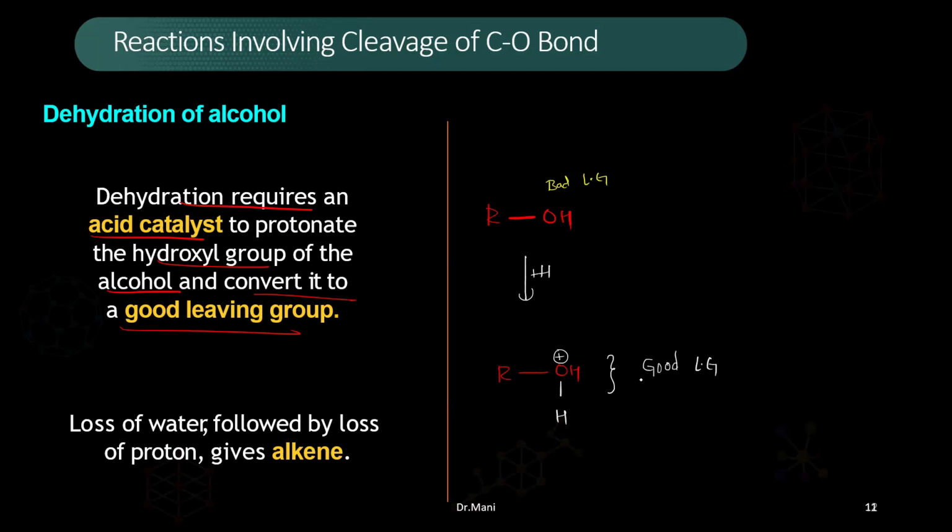So this will break the bond here and leave, turning out to be R positive and a water molecule. Remember, OH is a very bad leaving group and H2O is a very good leaving group. And how is the conversion of the bad leaving group into the good leaving group happening? Because of a proton. So the proton plays a very key role here.